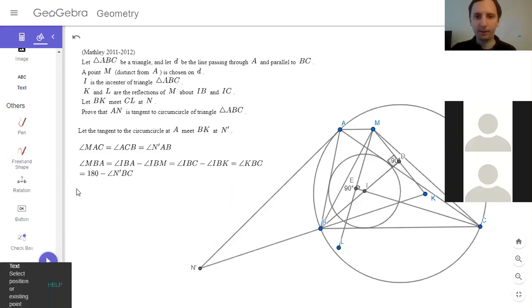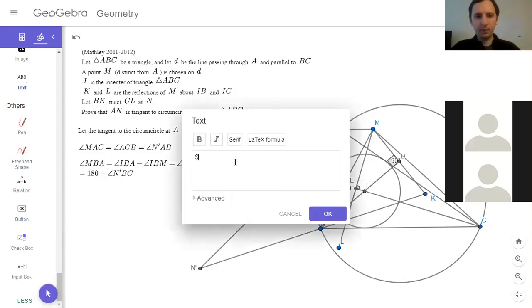So basically M and N prime are isogonal conjugates, or I'll say N prime is the isogonal conjugate of M with respect to the triangle ABC.